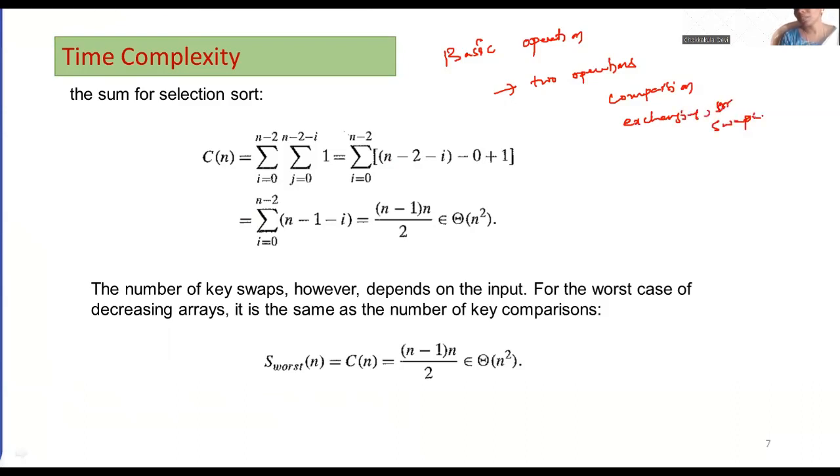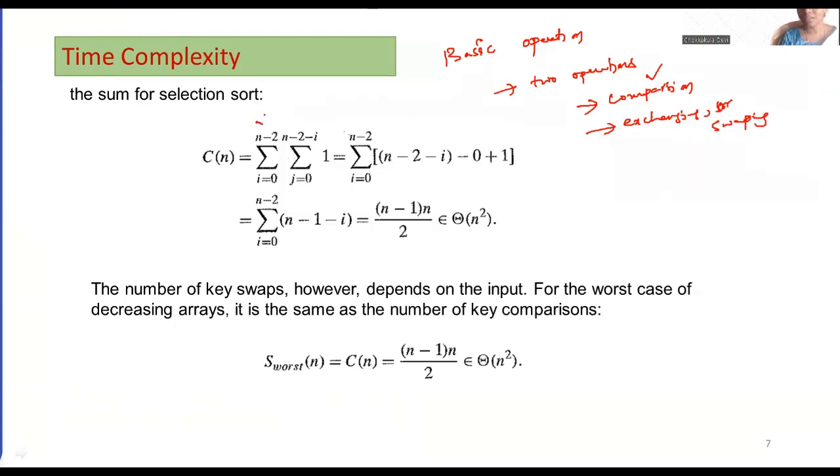But we cannot swap elements every iteration; if it is required, we do it, otherwise we can't. For every iteration, we did the comparison, so the comparison operation will be the basic operation.